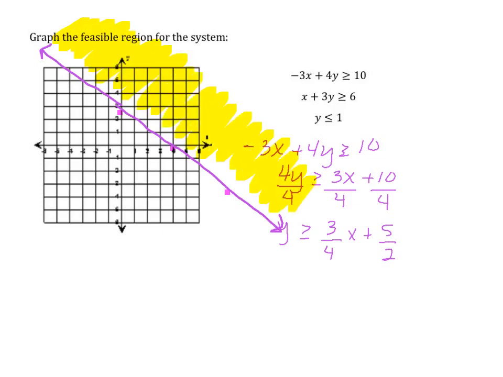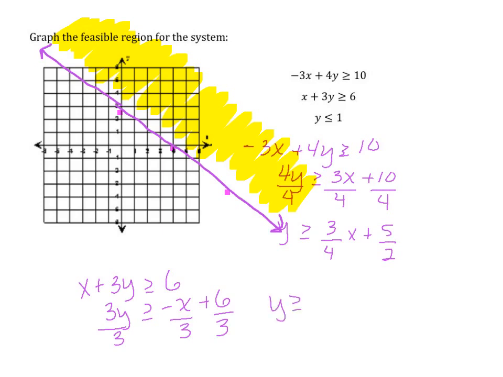Okay, let's do x plus 3y is greater than or equal to 6 now. Subtract x, so 3y is greater than or equal to negative x plus 6. Divide by 3. y is greater than or equal to negative 1/3 x plus 2.